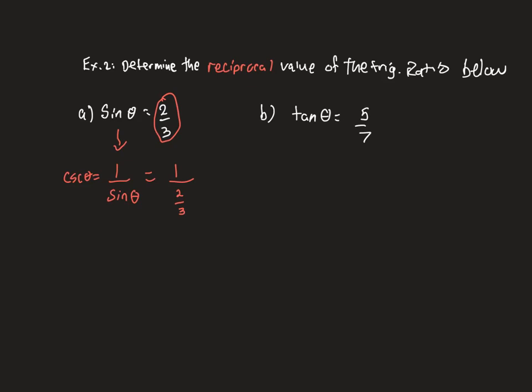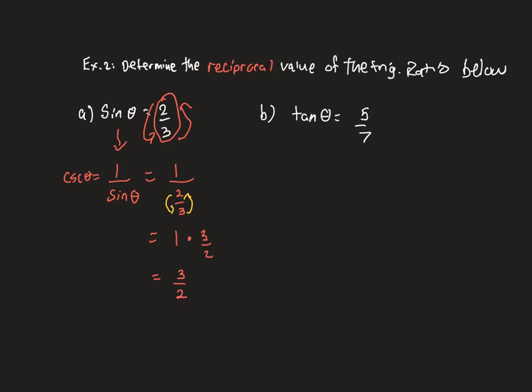Now remember, whenever you divide by a fraction, it's the same thing as multiplying by the reciprocal of the bottom, which in this case will then give you 3 over 2. Now, some of you will probably notice that you could have just done the reciprocal at the beginning, which is true, you could. But this is the reasoning behind why you could do that.